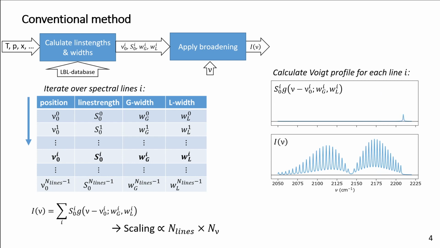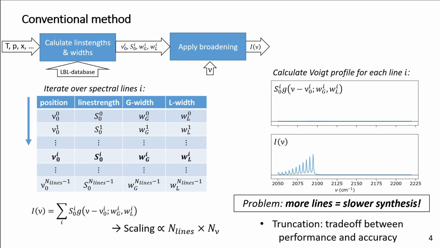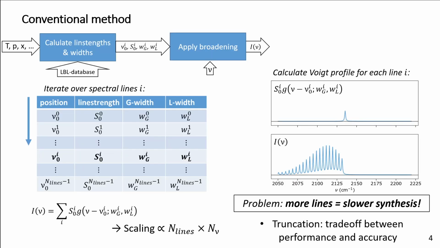This is a problem for large databases, as the computation time will increase and increase as we include more lines. Line profiles are often truncated to improve performance, but this is at the cost of the accuracy of the output spectrum. A more substantial improvement could be obtained when the line profile is constant for every line, as the broadening would only have to be applied once.